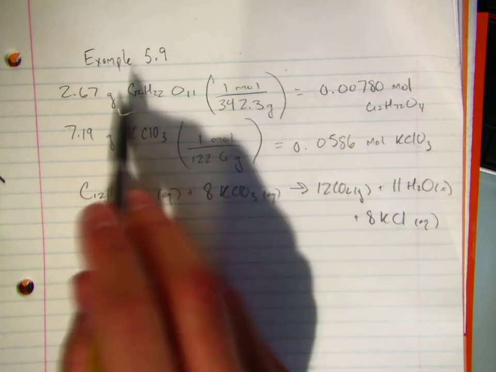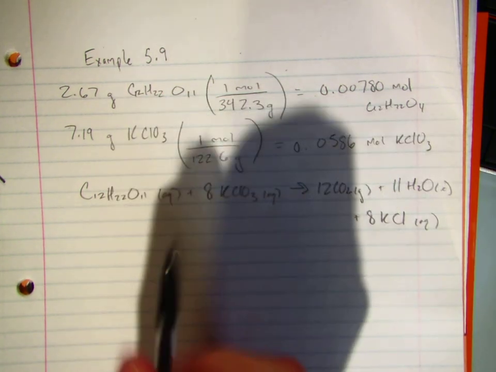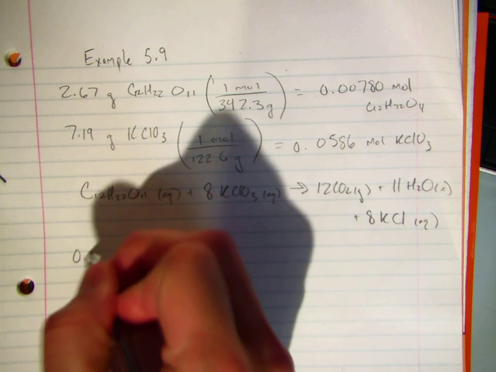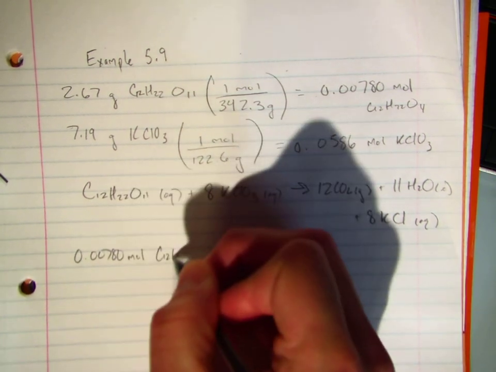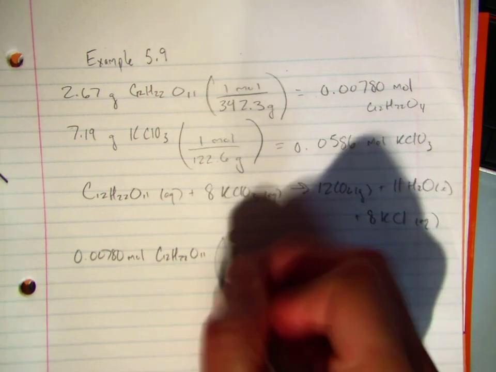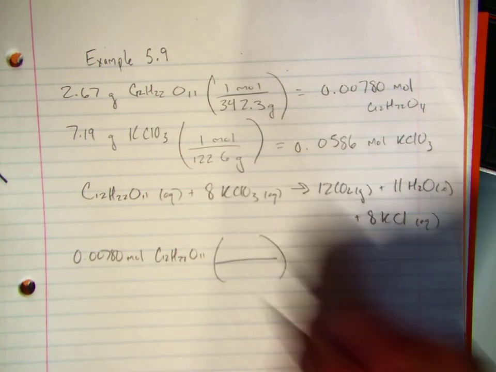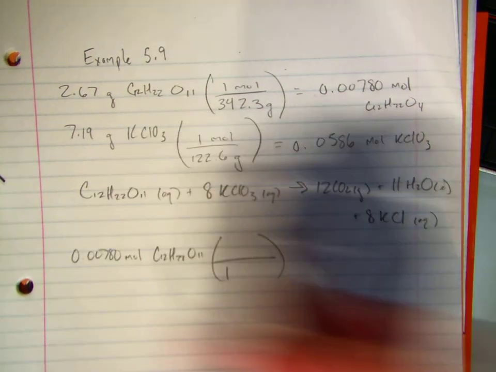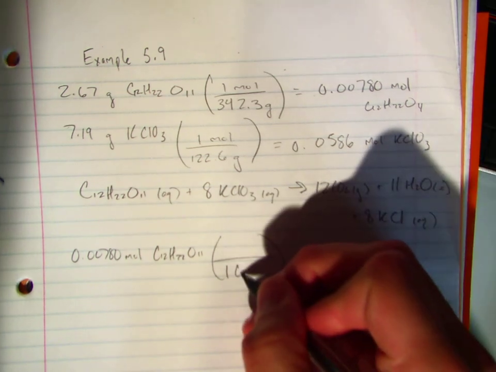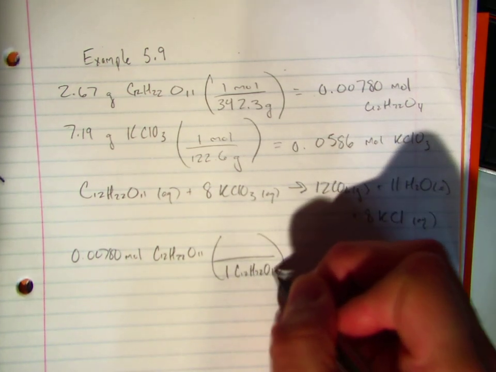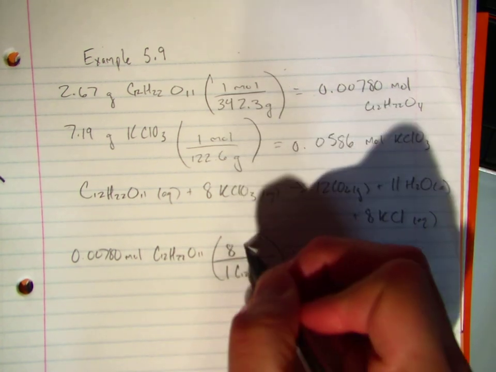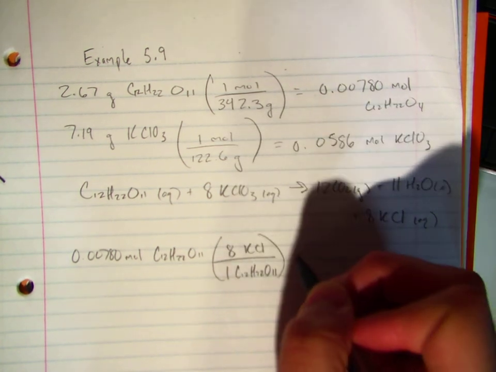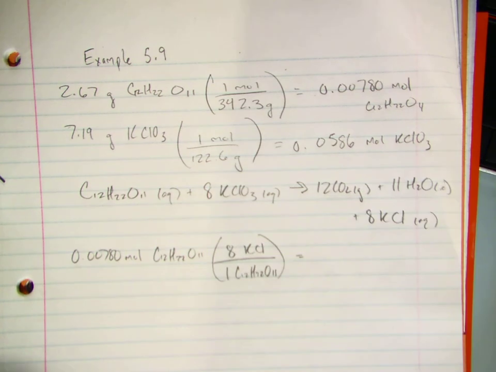So my 0.0078 moles of sucrose, when I use my stoichiometric equivalence, it's 1 as my coefficient from sucrose to 8, my stoichiometric equivalent for potassium chloride.